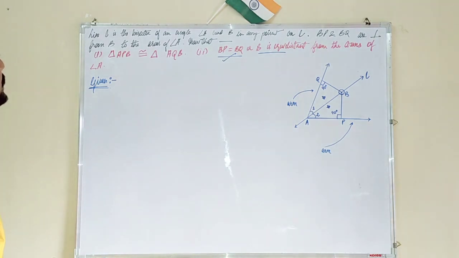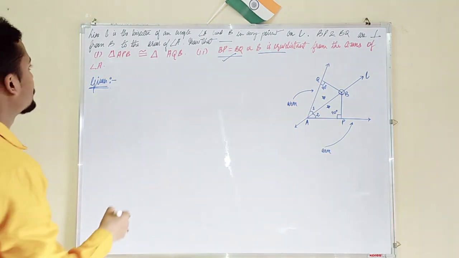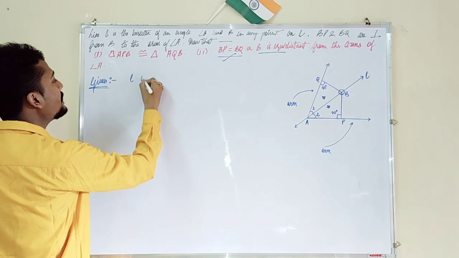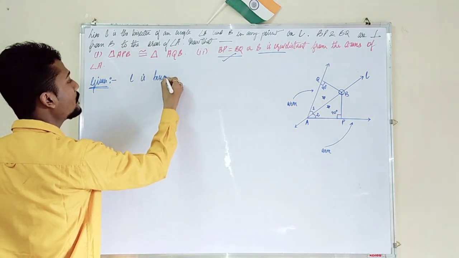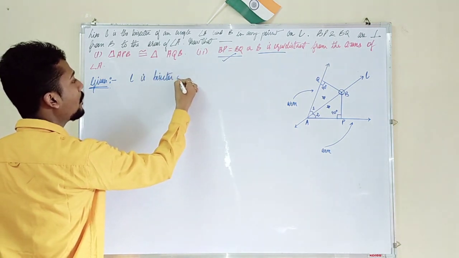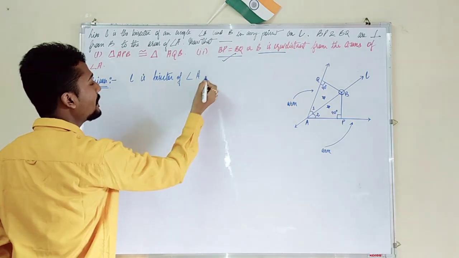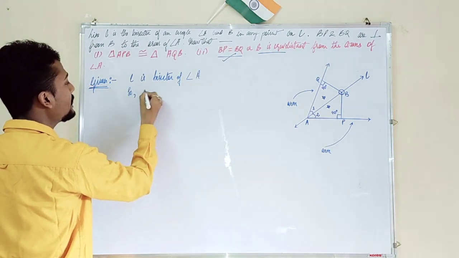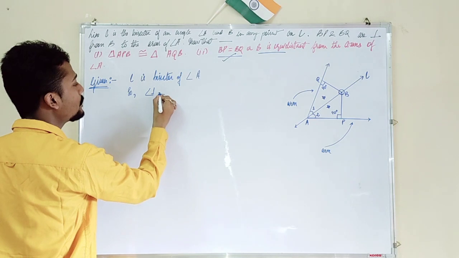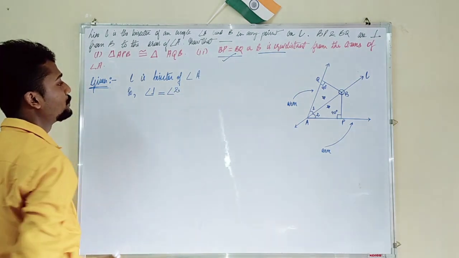What is given in this particular question? L is the bisector of angle A. So what can I write? Angle 1 is equal to angle 2.